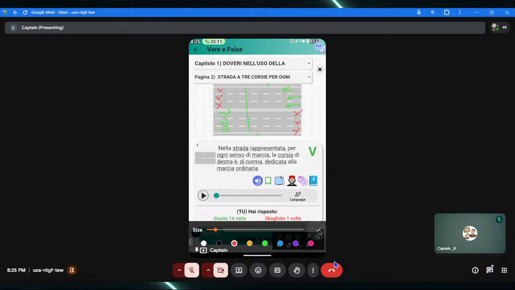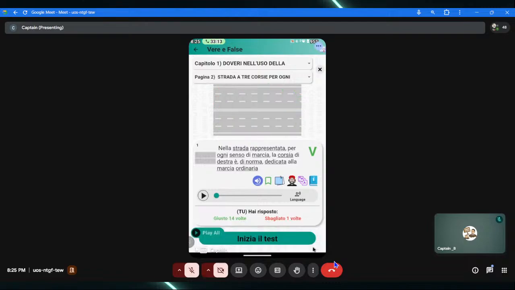All right? Good. Now, let's read. Nella strada rappresentata, per ogni senso di marcia, la corsia di destra è, di norma, dedicata alla marcia ordinaria. Now, nella strada rappresentata, the road represented, per ogni senso di marcia, for every sense of movement.